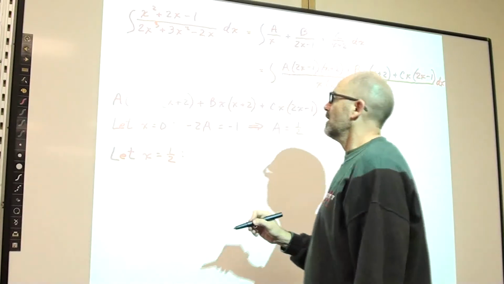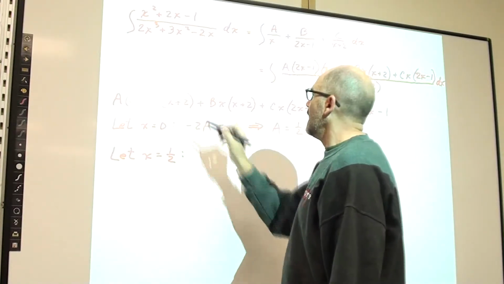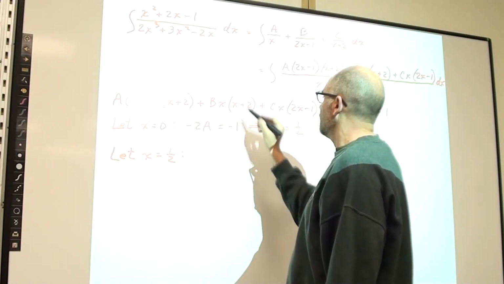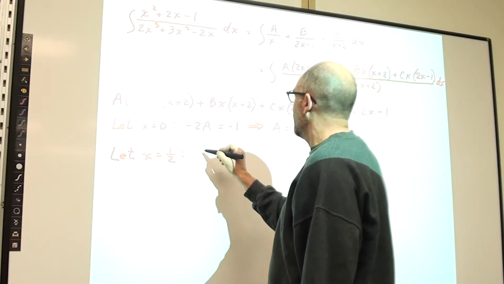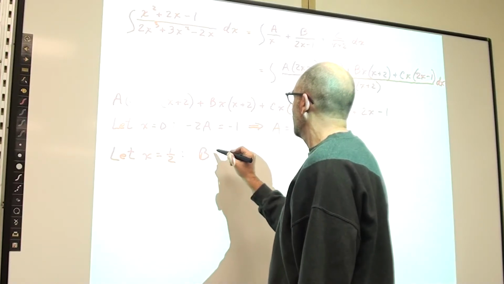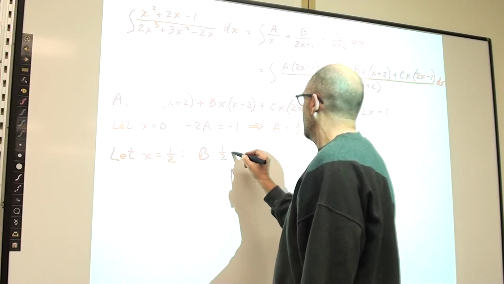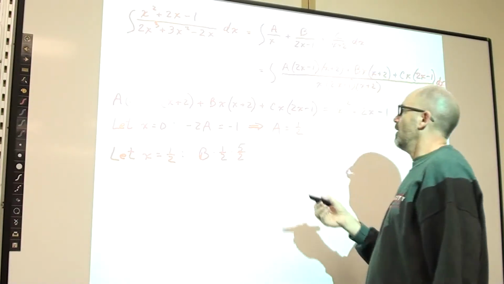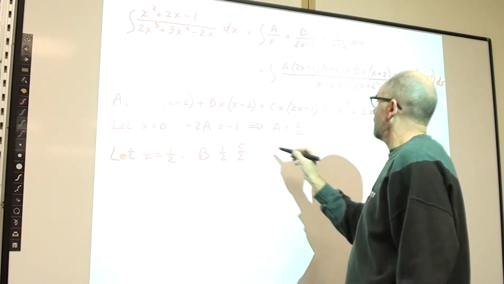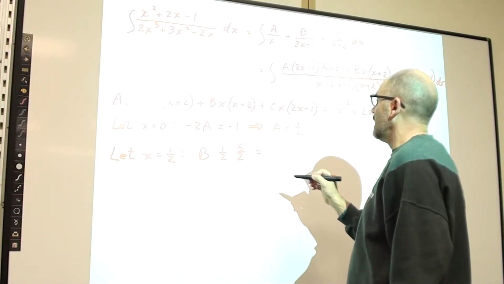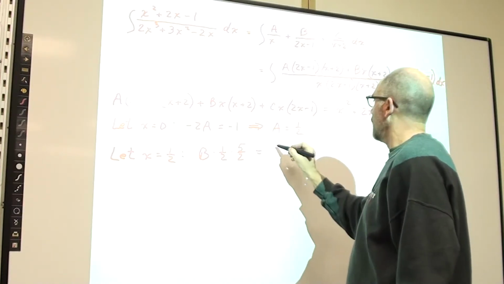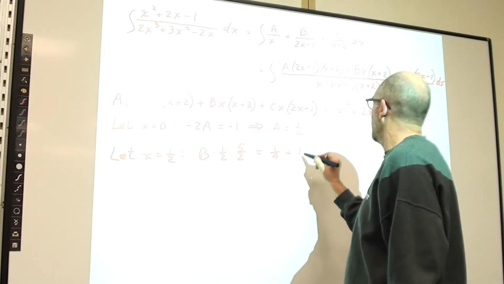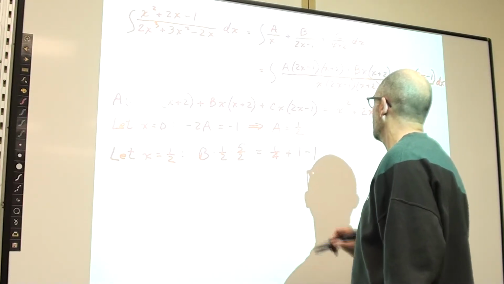Okay, so x is 1/2. That means a is gone. B times 1/2 times 5/2. So that's going to be b times 1/2 times 2.5 plus c times 0 is going to equal 1/2 squared, which is 1/4, plus 2 times 1/2, which is 1, minus 1.